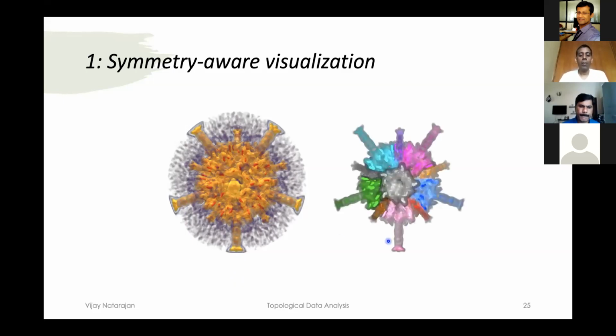So this is an automatically generated visualization that identifies the symmetric regions and highlights them in this display. There is actually 20-fold symmetry. If you rotate this around, you see that there are 20 such tentacle-like regions. The difficulty here is that there is a lot of noise in the data, and still our method is able to identify these symmetries.